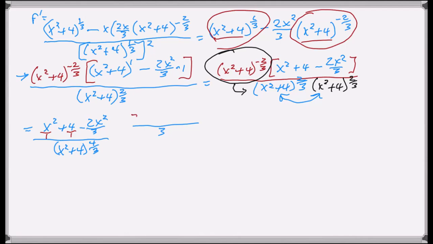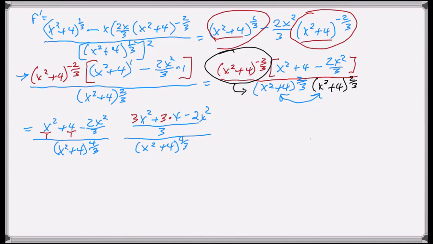So I would have 3x squared plus 3 times the 4 that was there minus, well, 2x squared is already over 3. All that's over x squared plus 4 to the 4/3.